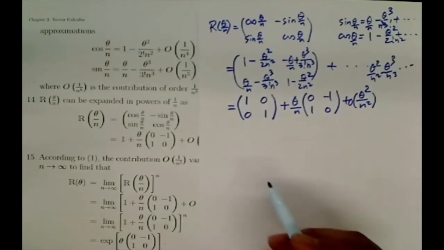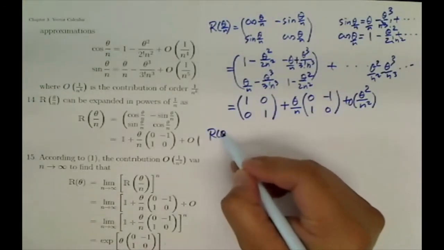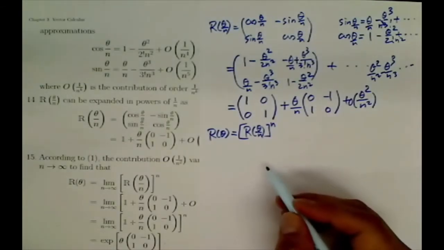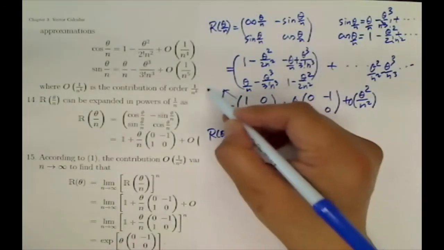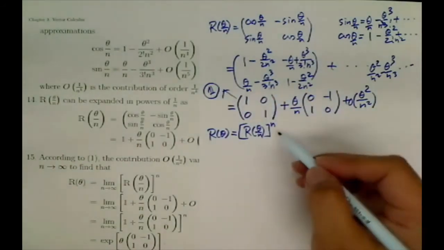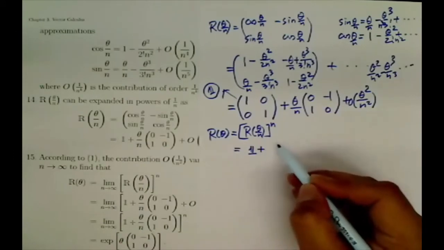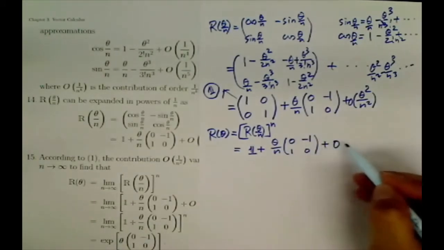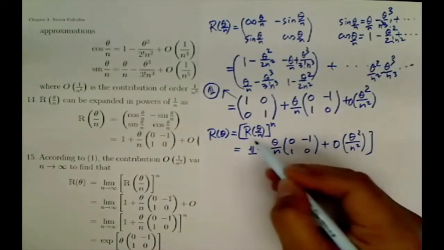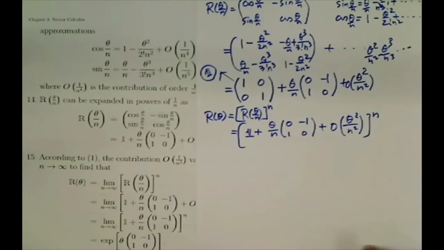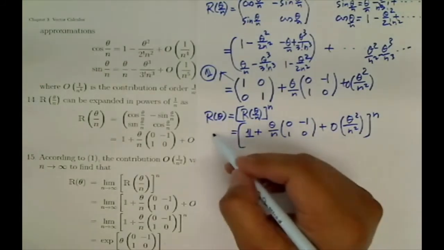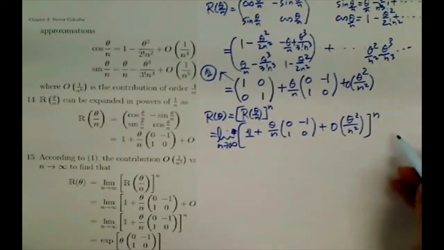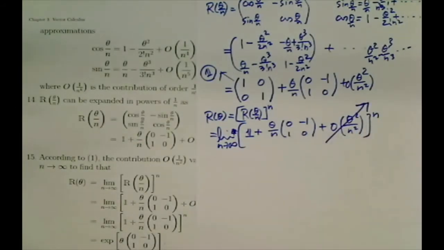All right, so let us consider the previous result. R theta is just R theta over n repeated n times. Actually, this one is the 2 by 2 identity matrix. This one is the identity matrix plus theta over n times a matrix. We remember that, as we take the limit n goes to infinity, all the contributions of 1 over n squared or higher vanish.